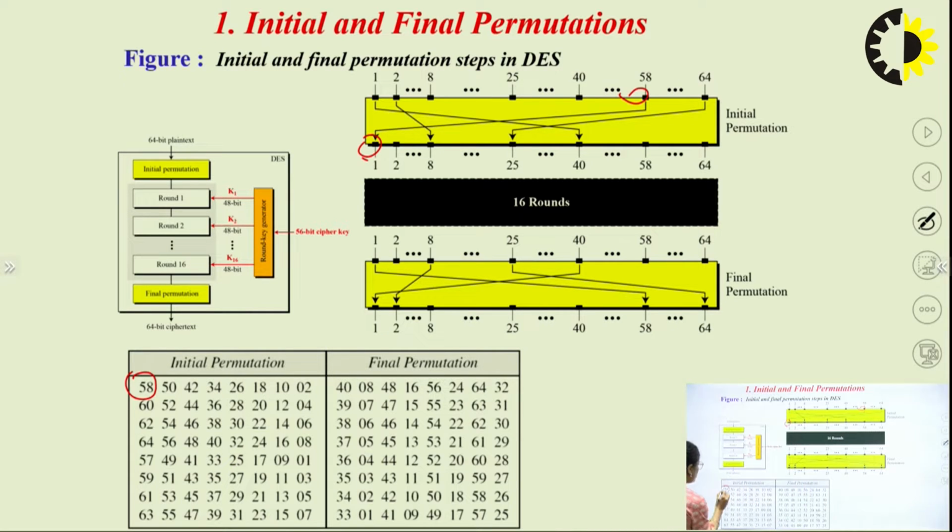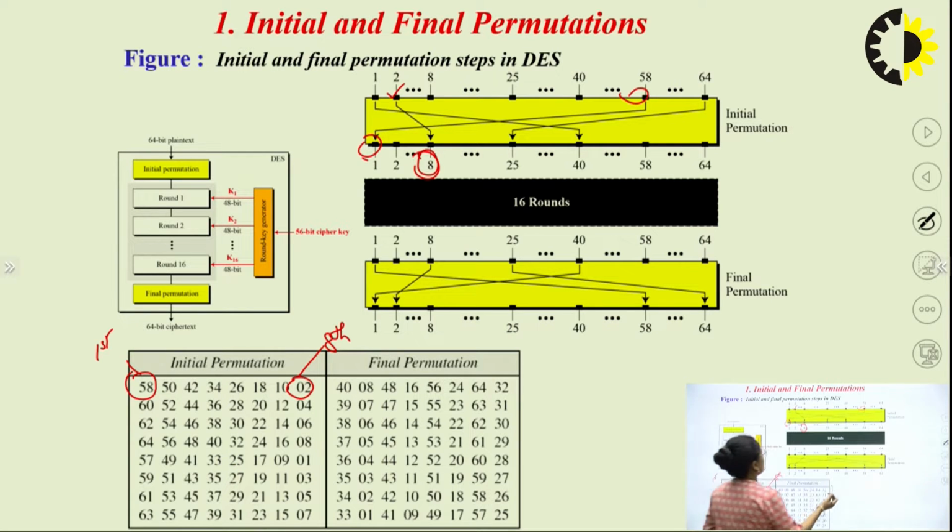I'm just taking some examples; the rest are implied. Next, in the 8th position, which input comes? The one from the second input. This is the first position, and this is the 8th position, so in the 8th position the second input is coming.